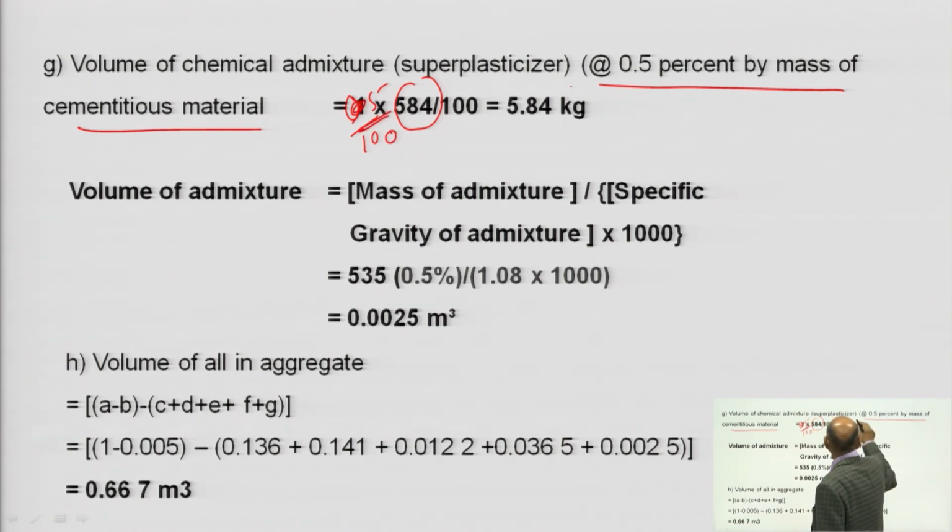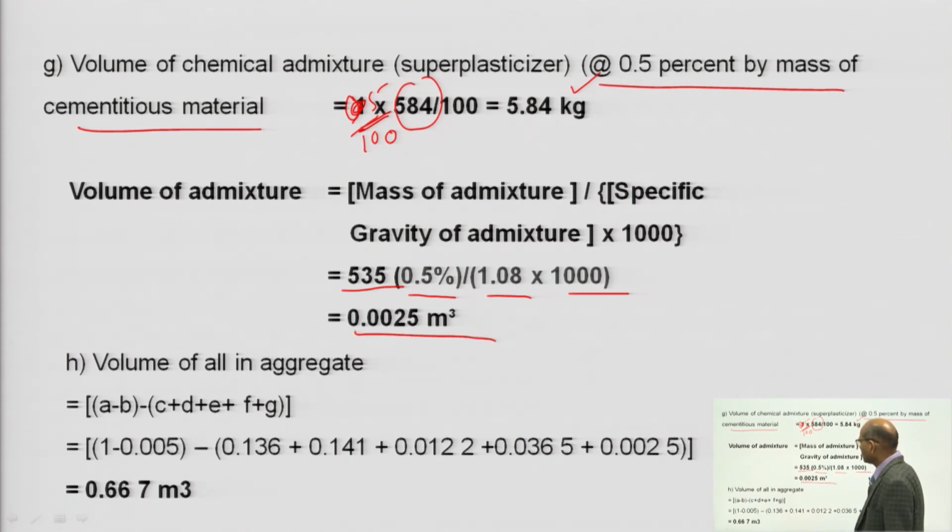If you calculate, you will get 5.84 kg. Okay. Similarly, you can calculate the volume of admixture: mass of admixture divided by specific gravity of admixture divided by 1000. So, this is 5.84 at 0.5%, then divided by 1.08, divided by 1000. So, you are getting 0.0025 meter cube.